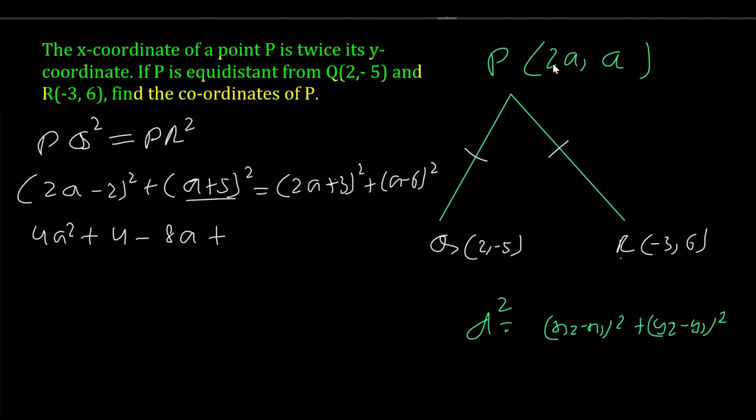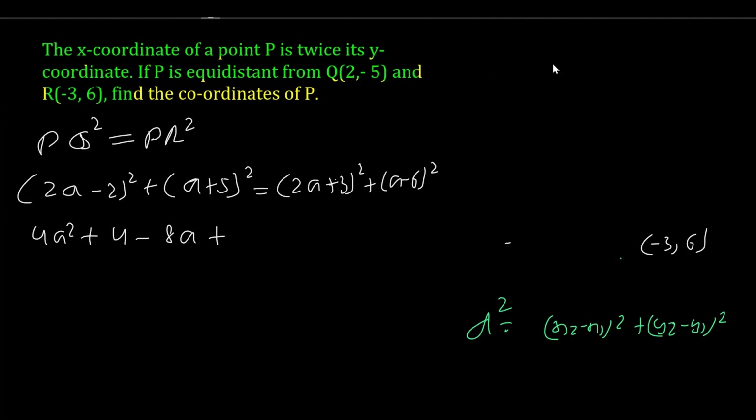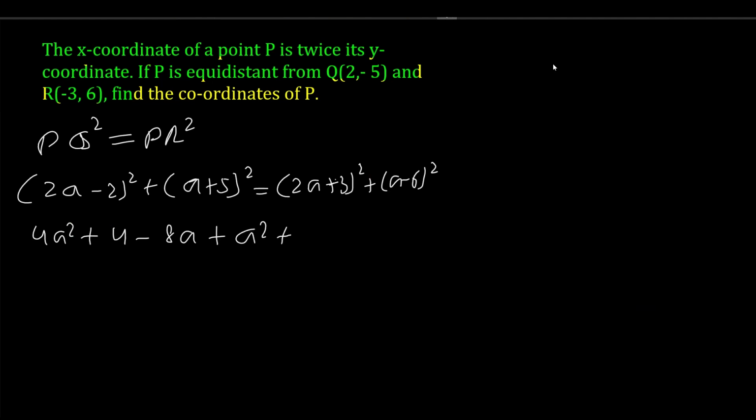Likewise, let me erase this part. We have understood this concept. Now I'm going to get the expansion of a plus 5 whole square. It gives you a square plus b square, which is 25, plus 2 times a into b, which is 10a. Now on the other side, this is 2a plus 3 whole square.